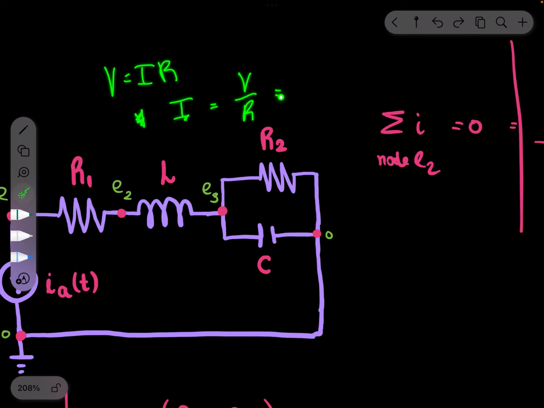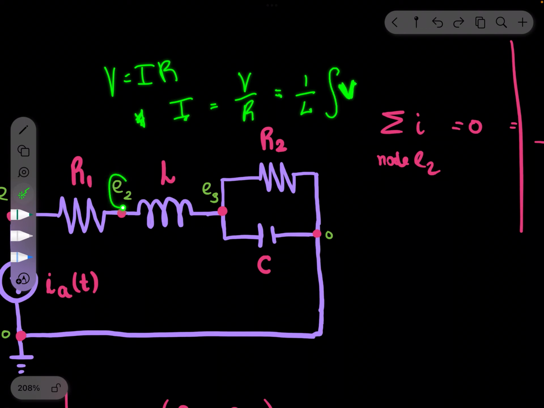But in this case, we don't have a resistance, we have an inductance. So you can write it as 1 over L outside the bracket, which is a constant, and then integrate the voltage to get current. So that's what we're going to do.